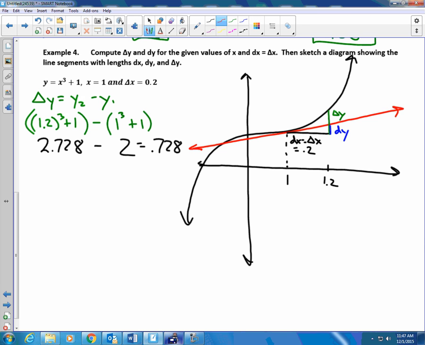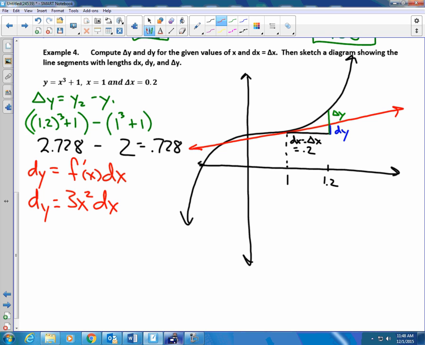So now I'll calculate dy. Remember, dy is an approximation for delta y. In order to calculate dy, I use f prime of x times dx. That's a differential. So dy is equal to, what's f prime of x? 3x squared dx.